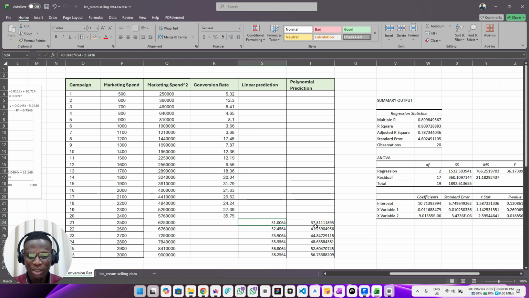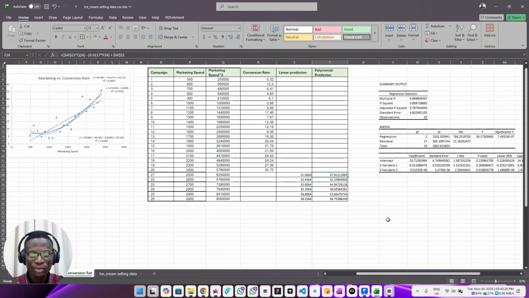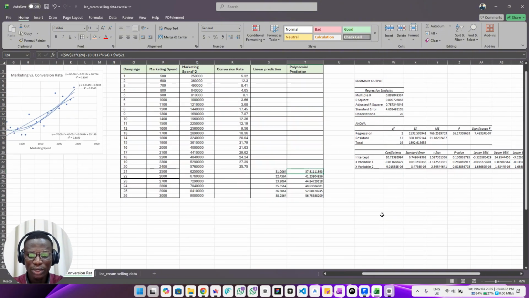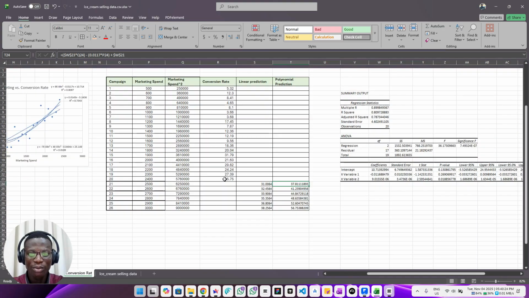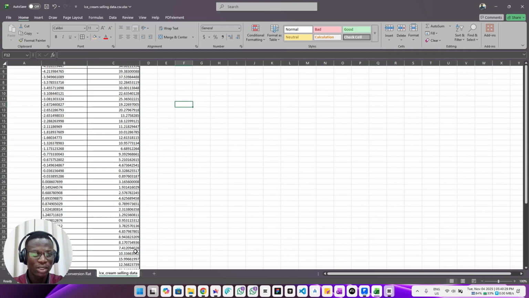But this one is just 31, 70%. With the polynomial regression, 37, 41, and so on, which is very good. So we can also plot it on data to see. With that, let's try this data.